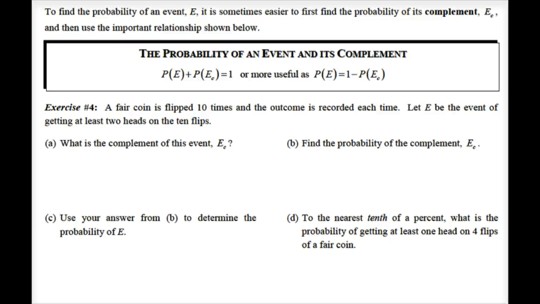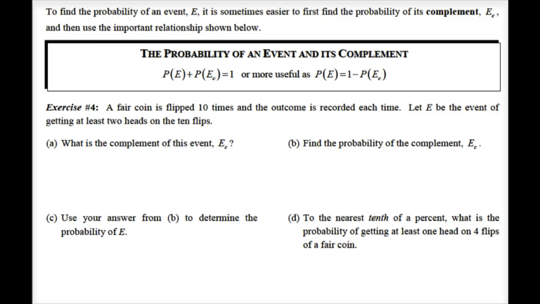A fair coin is flipped 10 times and the outcome is recorded each time. Let E be the event of getting at least 2 heads on the 10 flips. What is the complement of this event? The event is getting at least 2 heads on 10 flips. The complement would be what?